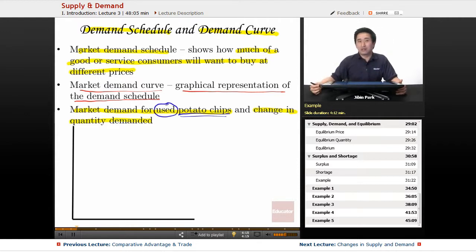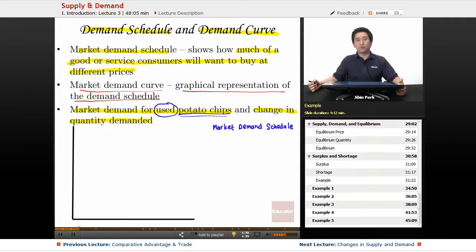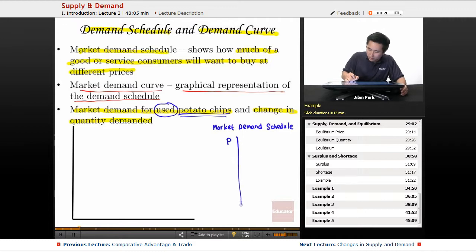There's maybe not going to be a whole lot of demand for it, but just like any good or service, as price goes up, quantity demanded goes down, and as price goes down, quantity demanded goes up. So we're going to create a market demand schedule first for these used potato chips. Probably not going to be very appetizing. Now, if there was no demand at whatever price, there would be no quantity demanded. But let's assume that there is a demand for these used potato chips.